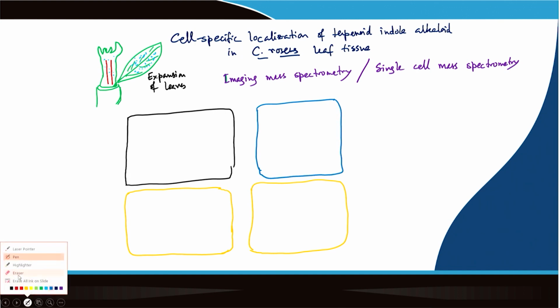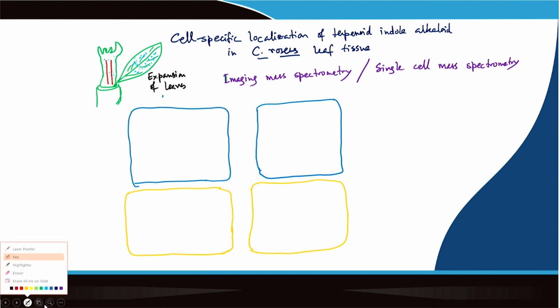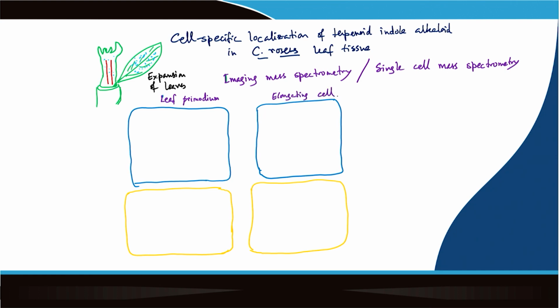So, better I use the same color here. So, this denotes the primordium and this denotes the elongating cell.